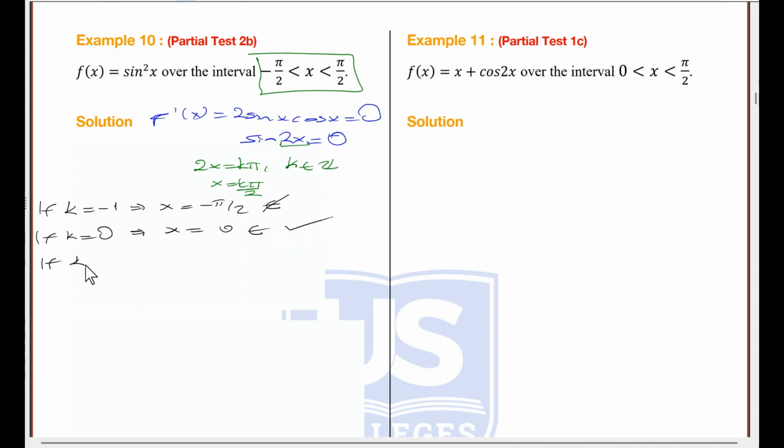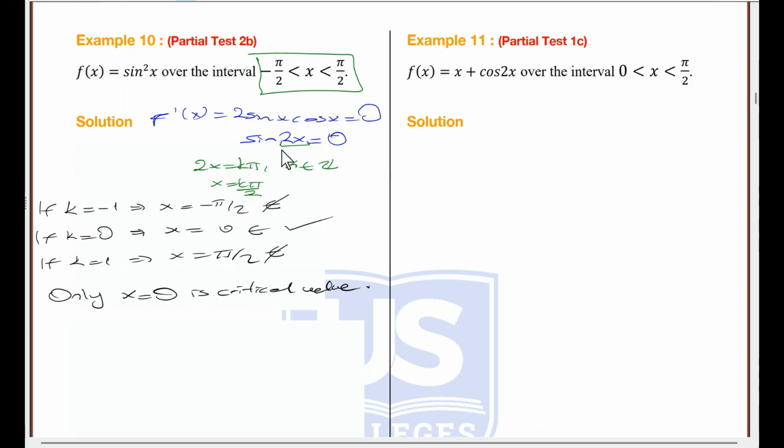What if my k is positive, like 1? x will be pi over 2. Pi over 2 is on the boundary, so it's not an element of this interval. There's only one value, x equals 0. So only x equals 0 is a critical value.